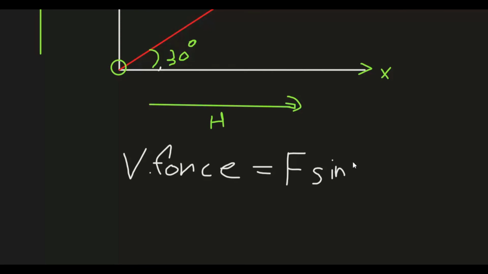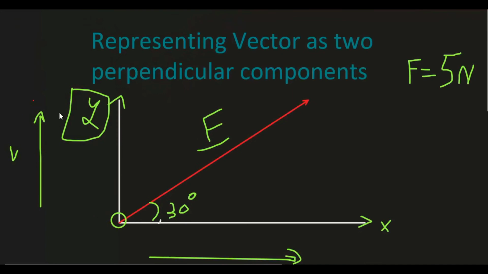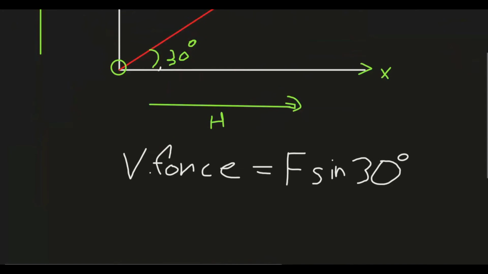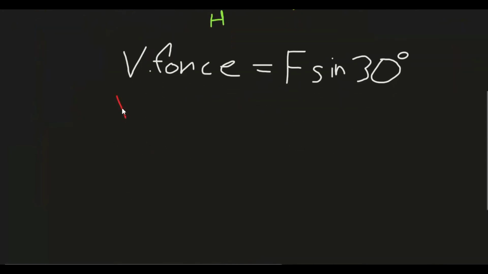So we know that the force in this direction is F sine 30 degree. And we have a force in this direction, right? The horizontal force. So we can say that the horizontal force is equals to F cos 30 degree.